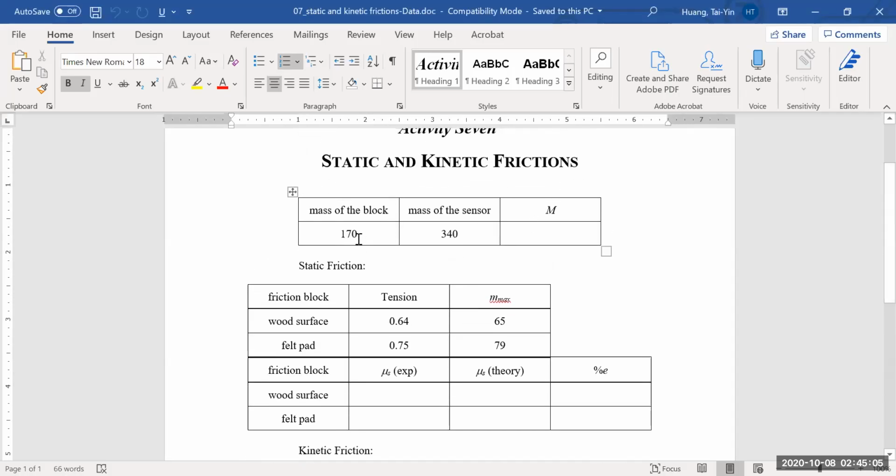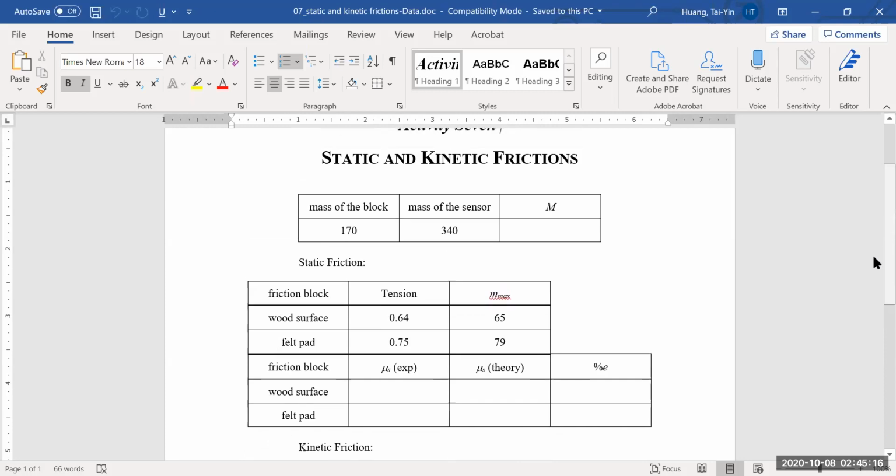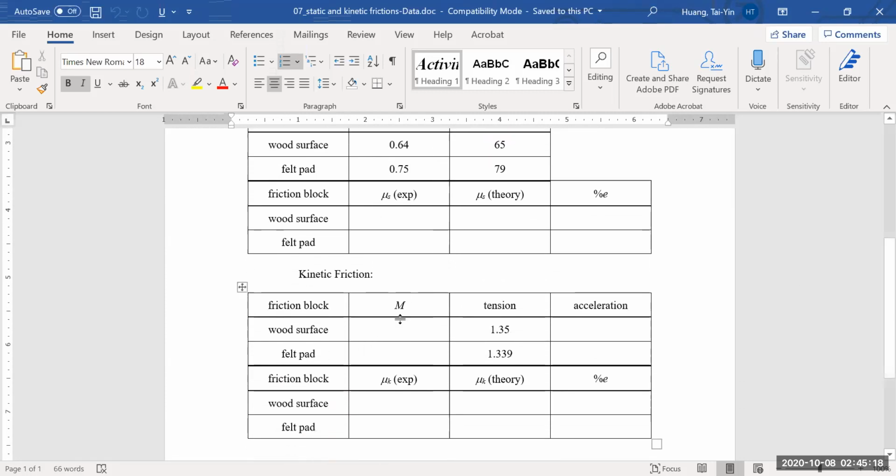So you have the mass of the block and the mass of the sensor. You need to add them together to give you the capital M, and then remember to convert that to kilograms. The capital M goes into these two spots, and regardless of which surface is in contact with the dynamics track, the M does not change.